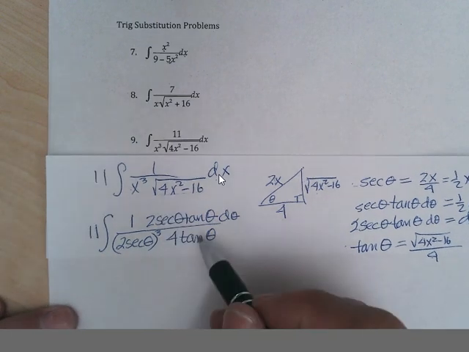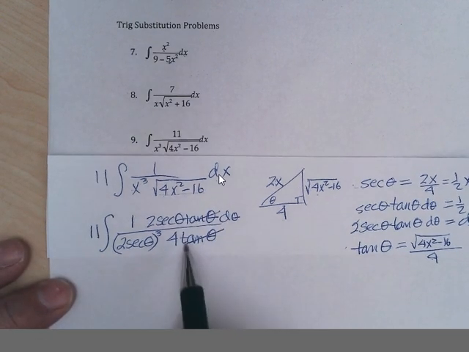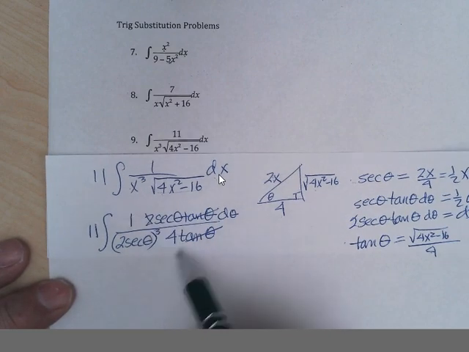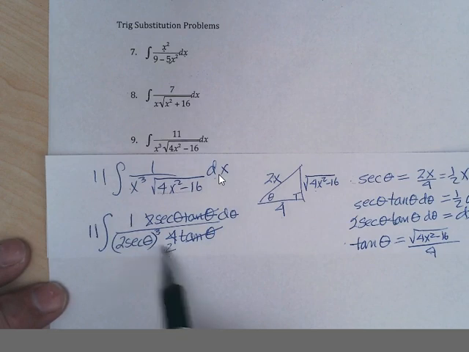So, cleaning this up, tangents cancel. 2 goes into 4 to make 2. 2 to the third is 8 times another 2 is 16 that I'll pull out.